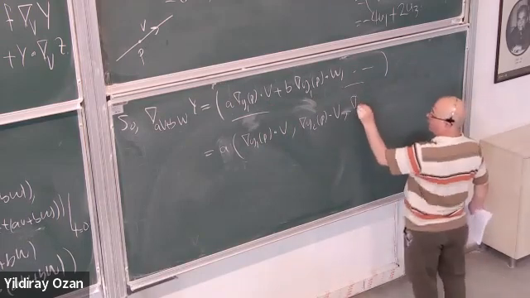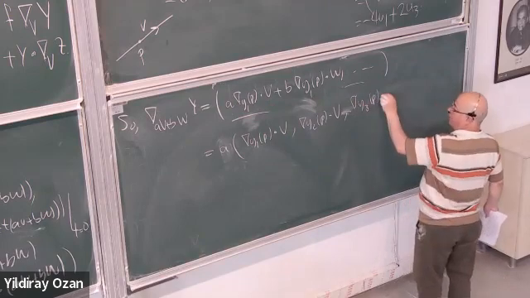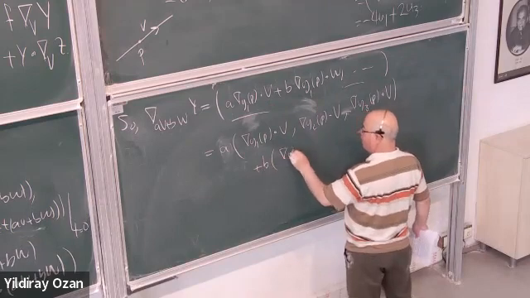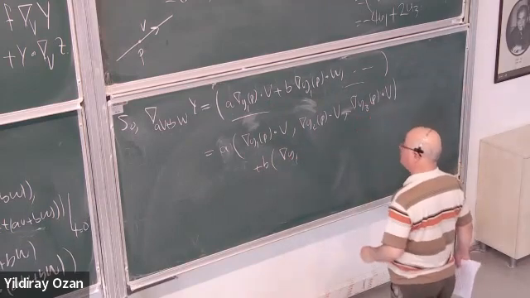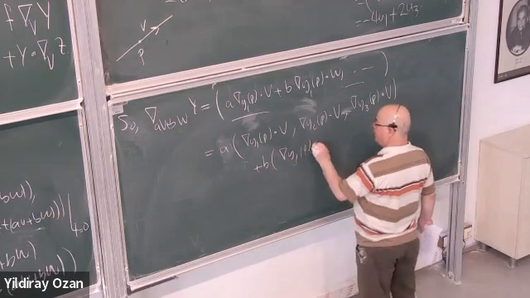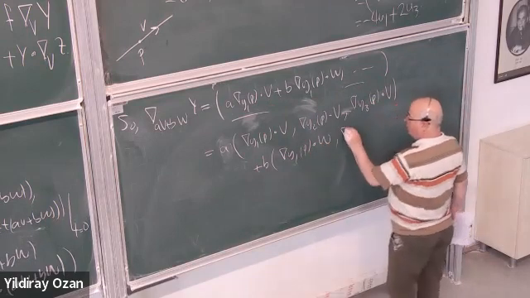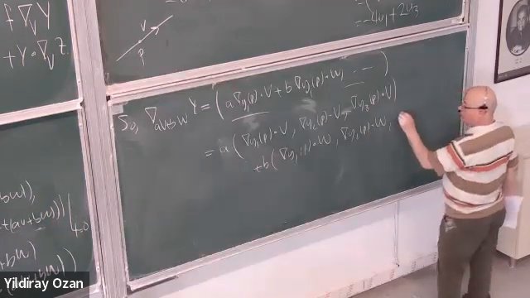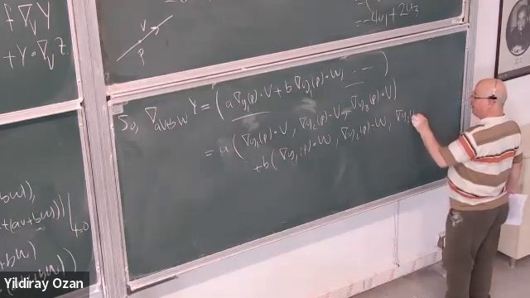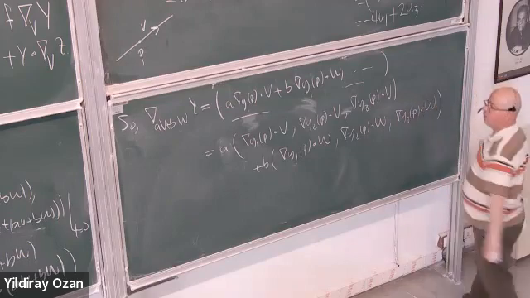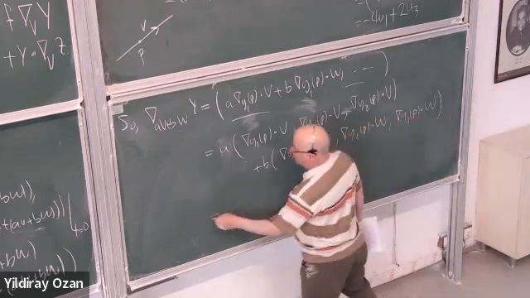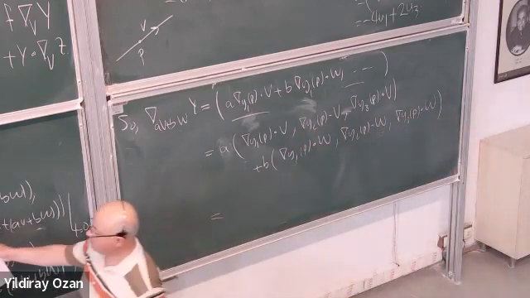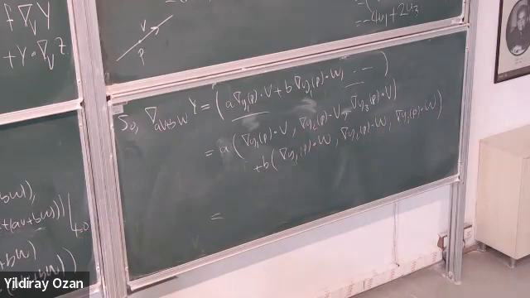So I will have this, plus B times del y1 P dot W, del y2 P dot W, del y3 P dot W. But what is this?